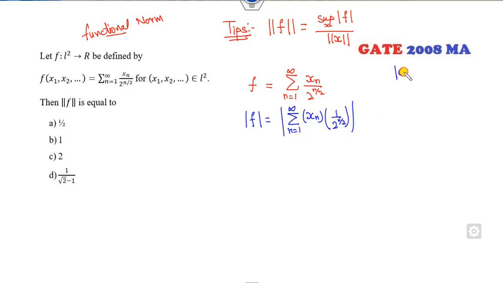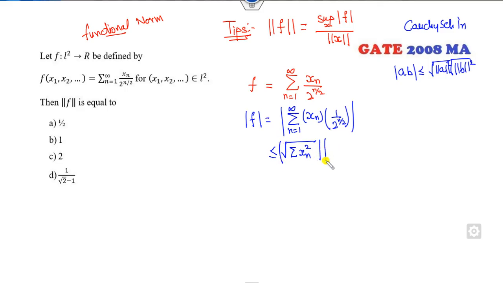Do you remember any result for the product of this? Yes, by using the Cauchy-Schwarz inequality, this is less than the square root of norm of A times square root of norm of B. So I can write this as less than or equal to the square root of the sum of xn square. This is the square of this. So this is xn square. Fine.